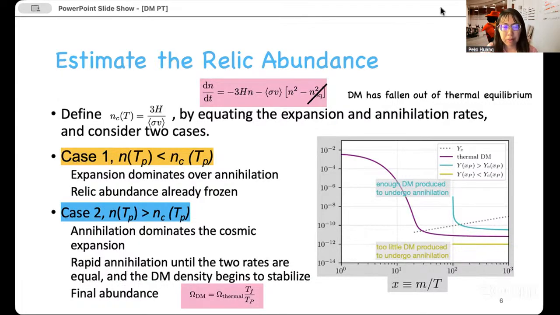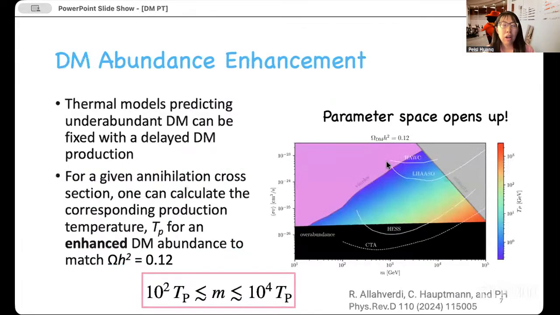After a quick calculation, we can show that the final abundance is the thermal relic abundance times the ratio of the freeze out over the phase transition temperature, or the temperature at which the massive dark matter is produced. So that opens up the parameter space significantly.